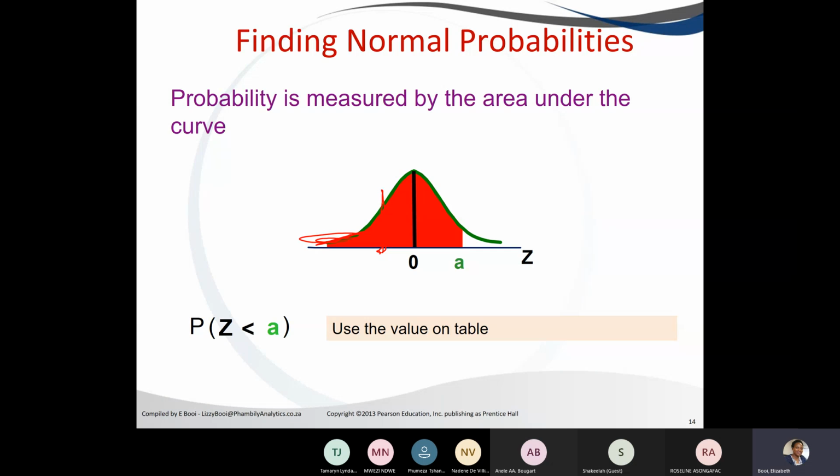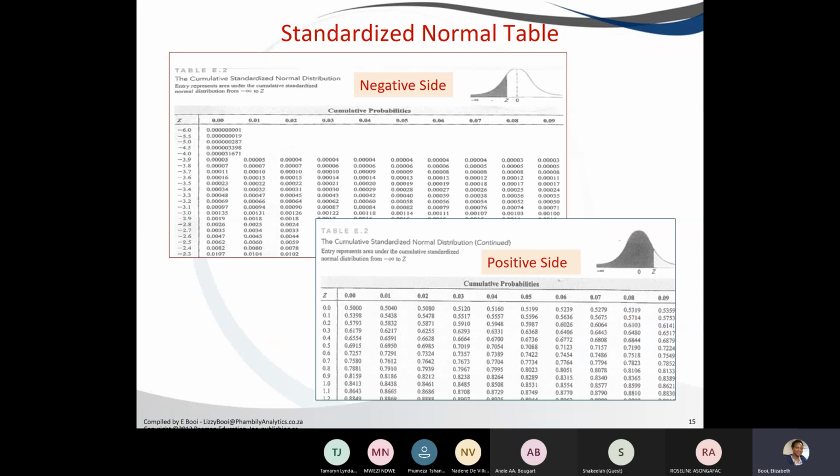Because of that table, which I'm going to show you now, the value we're going to find when we calculate Z less than is always going to be the value on the table. And why I'm saying that, this is the table. It has the negative side of the table and the positive side of the table. If you look at this, this is what we were doing there on the red. That is our mean, and this is our mean. Remember, it's distributed with the mean of 0.